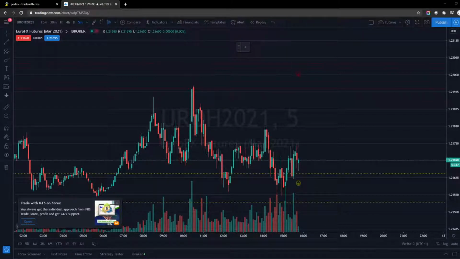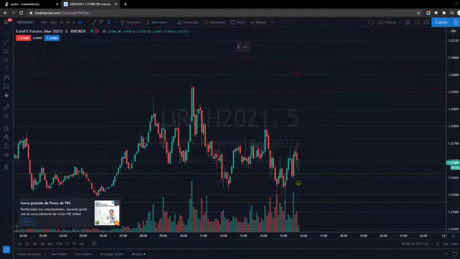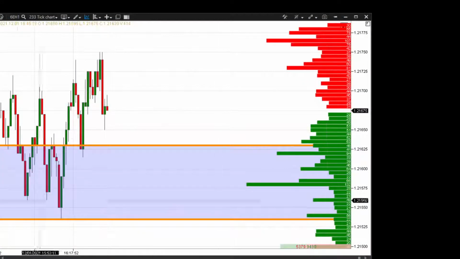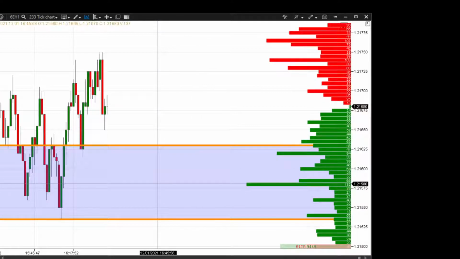So just a few ticks away from what the UFO was telling us, that there were a lot of pending orders. But you now can actually know that for sure. Where is the pending order? How much they are? How many they are? You can see it here clearly right on the chart.